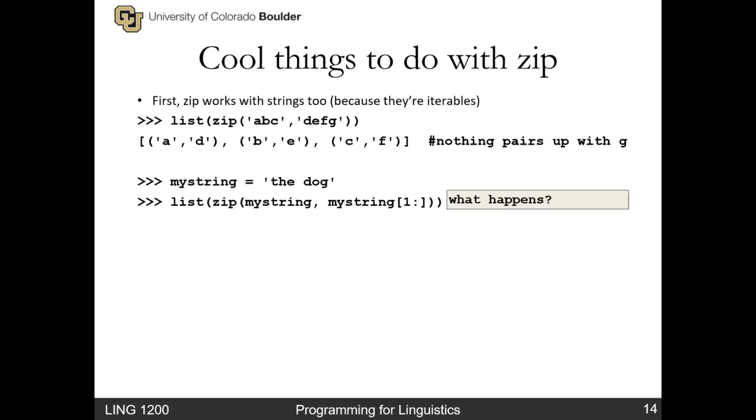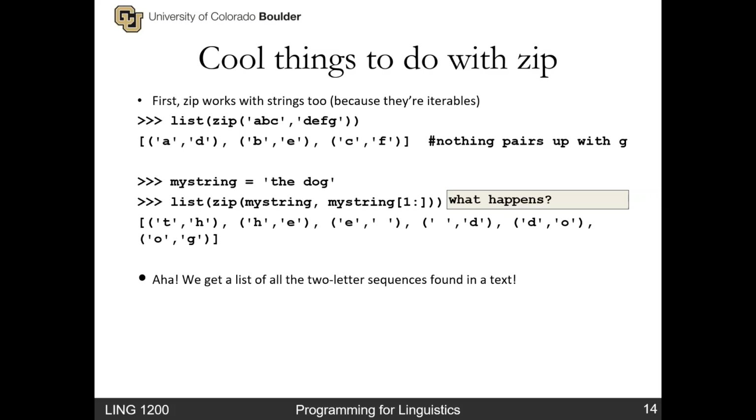The first letter in the full string is T, and the first letter in the second argument that we passed is H. It's going to pair those up, and then it's going to pair up the next two and the next two. So what we have here is actually a list of all the 2-letter sequences found in a text. TH, then HE, then E and a space, and then the end of the word. We're including white space here.